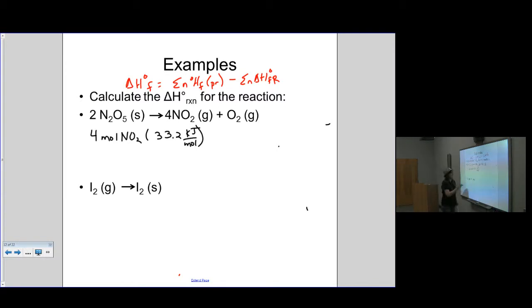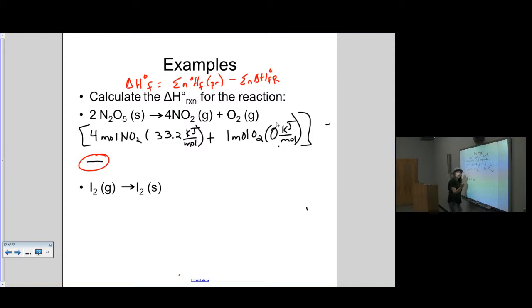Then I'm going to look in the table, and I'm going to see that for a mole of oxygen, the value is 0 kilojoules per mole. So I'm going to sum all this up. It should be pretty easy. And then I'm going to subtract. Be sure to subtract. This helps keep your sign right. The products, then the reactants here.